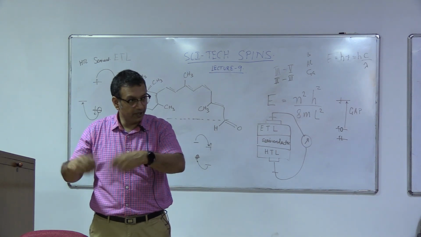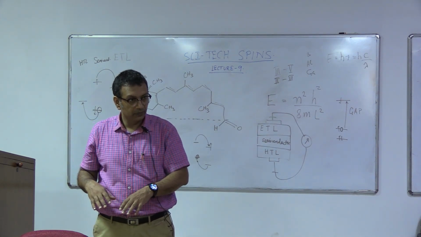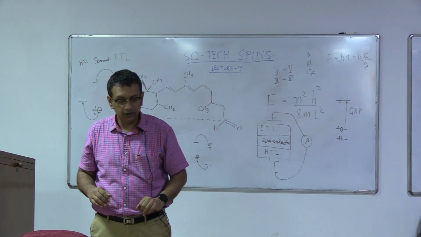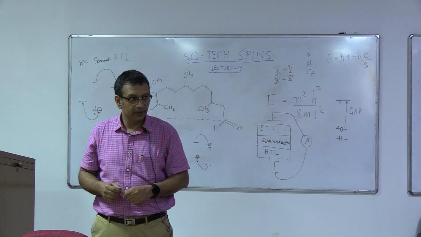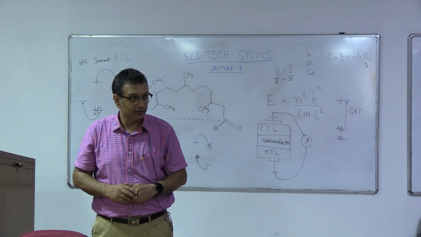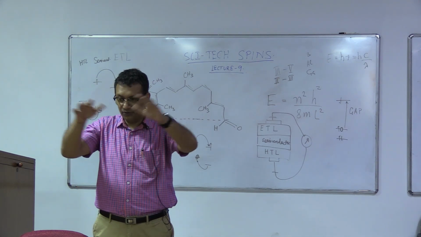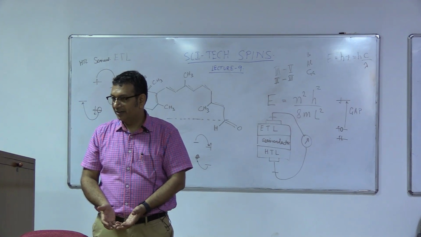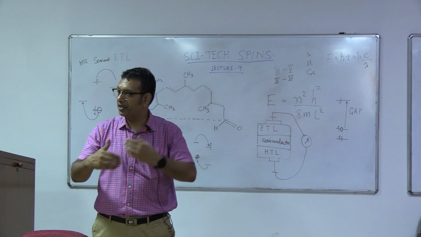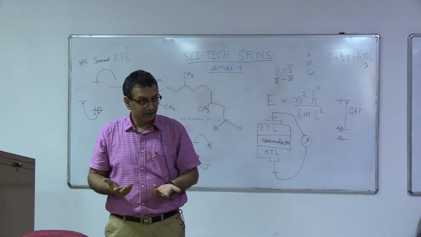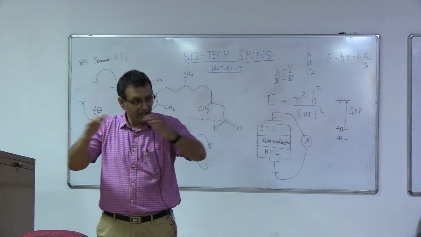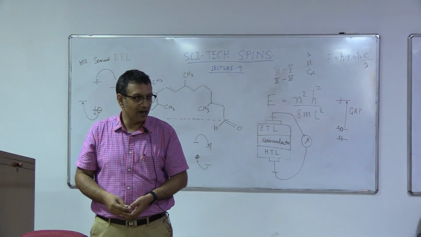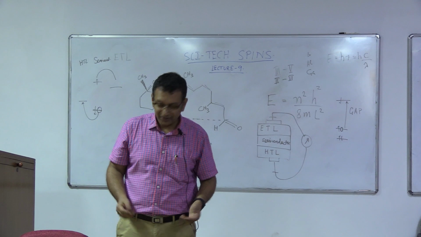I precipitate these fellows out, clean them so that I don't have any extra anions in the solution. I redisperse them. I put some cations now. These cations will now form an extra layer. And I can do this process repeatedly to form these layer by layer assemblies. This is actually known as the colloidal atomic layer deposition.